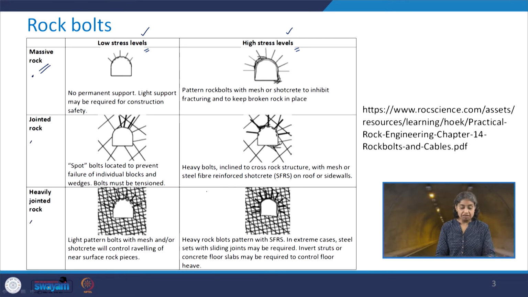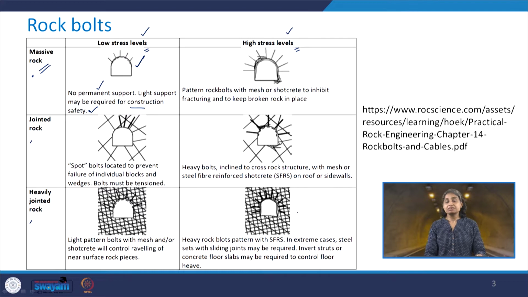The first row comprises the massive rock, and if there are low stress levels in massive rock, in that situation no permanent support is needed, and maybe some light support is required for safety during construction. After the installation of those light rock bolts, the cross section of the excavation along with the support system will look like this.